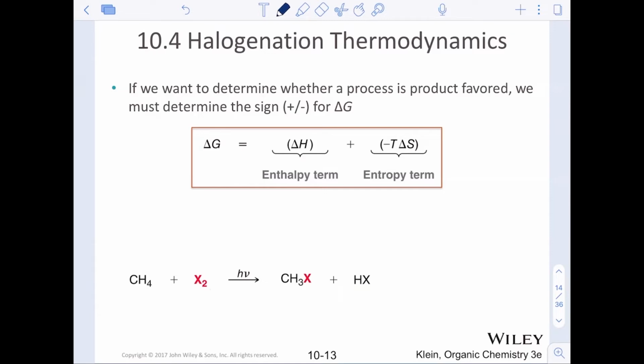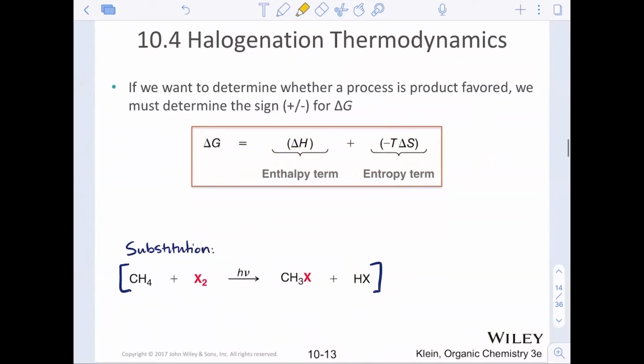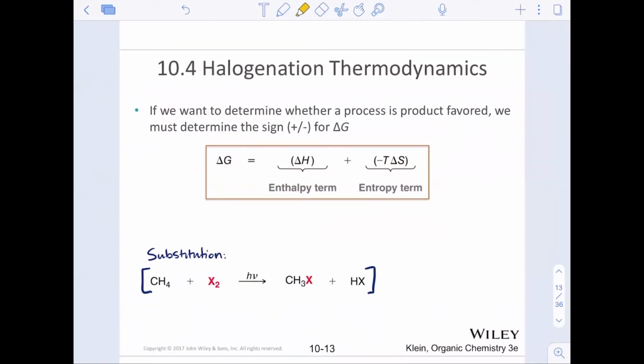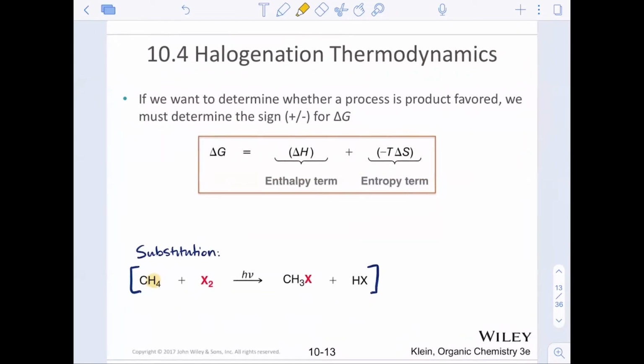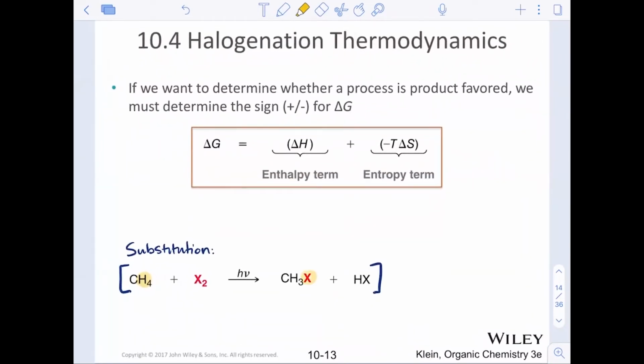Now, halogenation, overall reaction here, is going to be a substitution. This substitution reaction involves substituting a hydrogen for a halogen. So notice we have CH4 here, just a very simple organic molecule. We are taking that CH4 and making it CH3X.